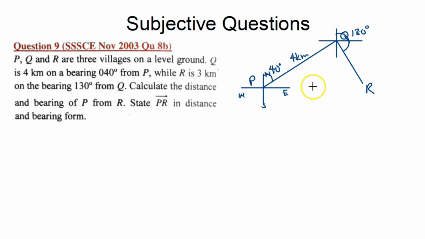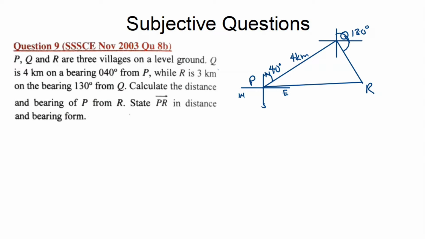In this case, let us connect to find some of the missing angles so that we'll know what type of triangle we are joining from P all the way to R, because the question says find the distance between P and R. So we need to connect from P to R. If that is P to R, then let me use different angles to find the missing angles.